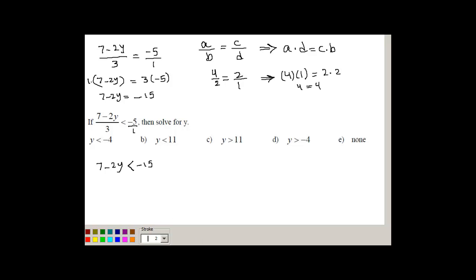And those of you who don't have a microphone today, just put a check mark in front of your name if you follow this. Victor, since you have a microphone, do you follow up till this point? Yes, I follow. Okay, good. So, Victor, can you tell me what would be a next step for solving this inequality, do you think?